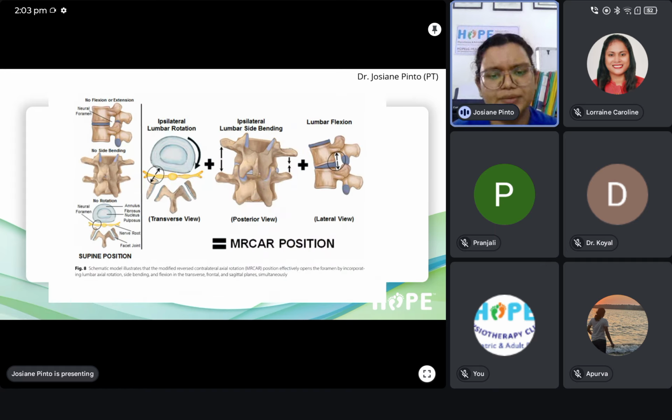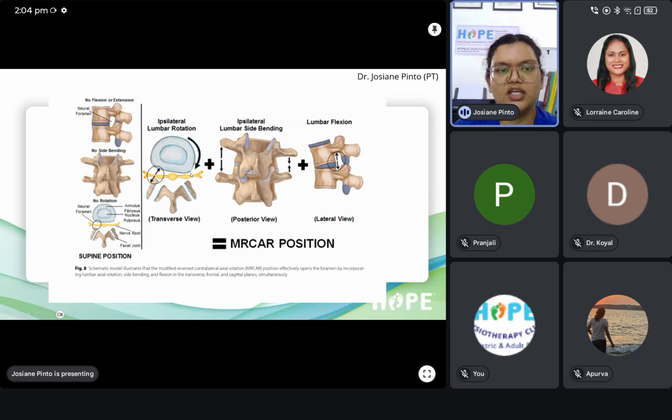So looking at the anatomy during MRCAR, this is in supine position. There's no rotation, there's no side bending, no flexion, no extension. In MRCAR, there is ipsilateral lumbar rotation, ipsilateral lumbar side bending, and lumbar flexion. So this is the transverse view.